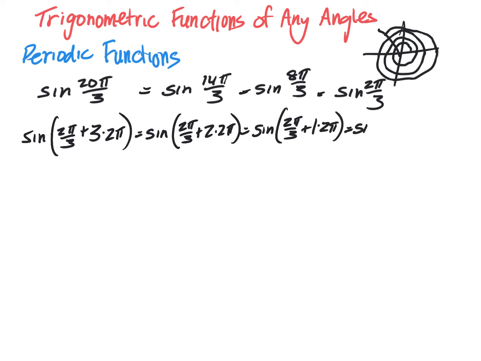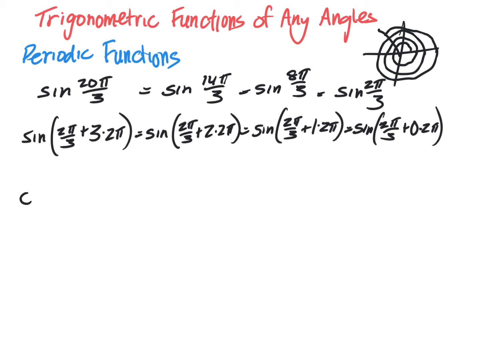And then finally, sine of 2 pi over 3 is, well, 2 pi over 3 plus 0 times going around, so we don't make one full rotation.